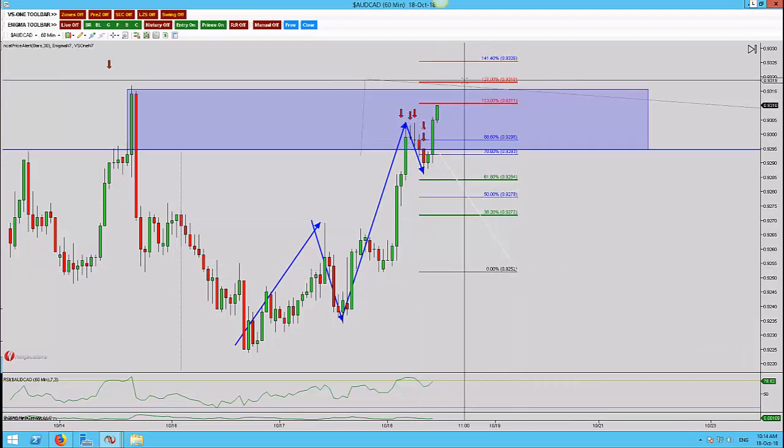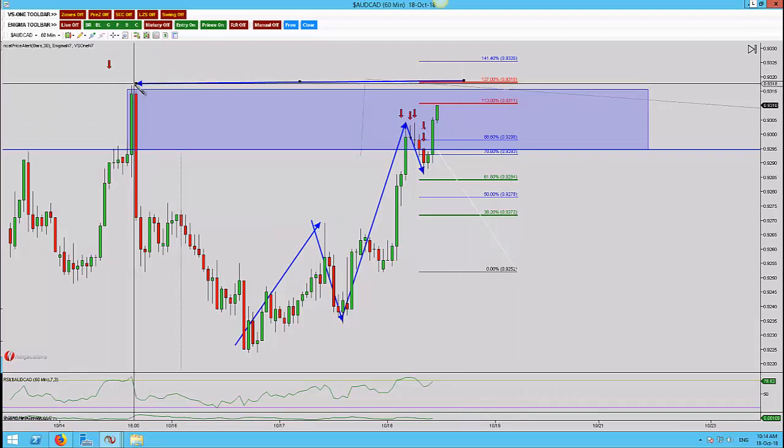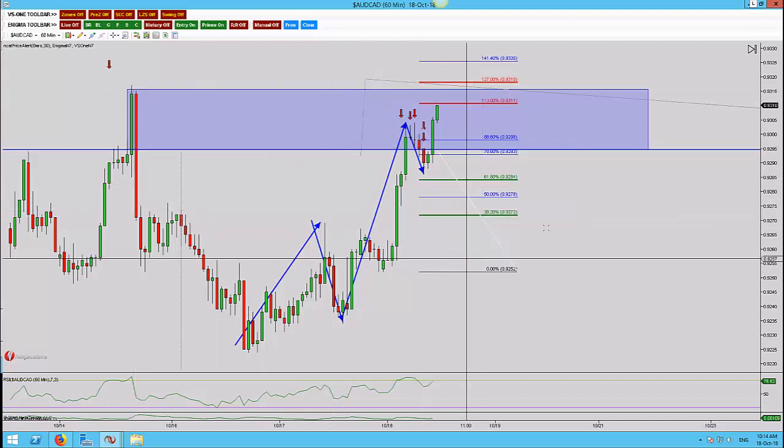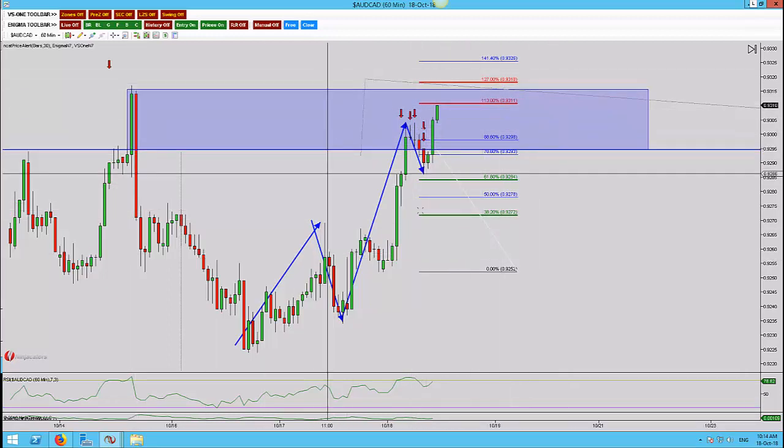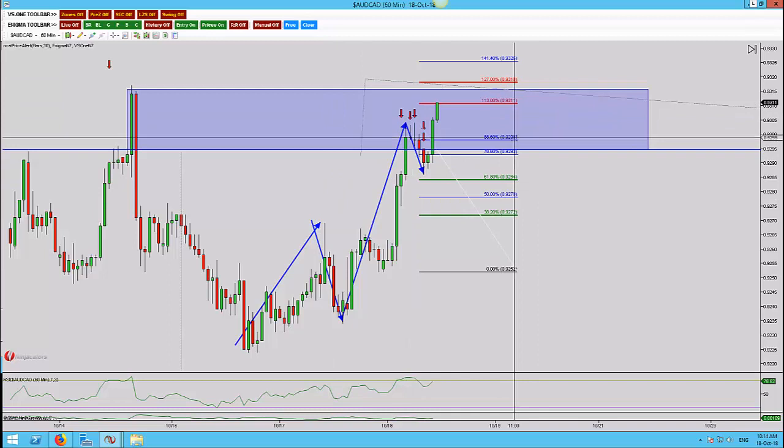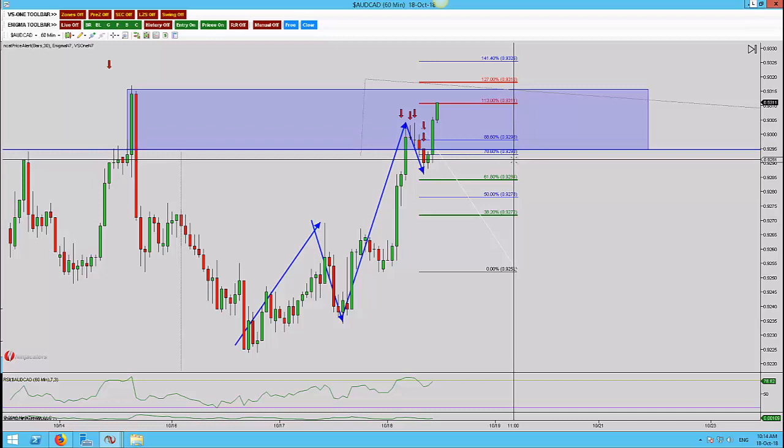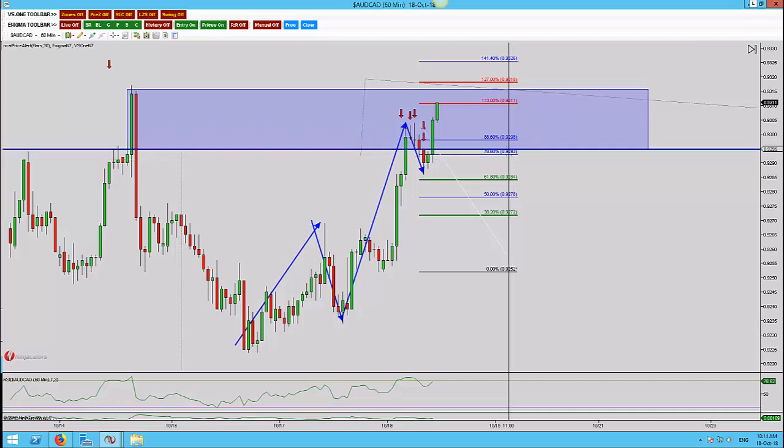Now that 127 fib up here takes me above this high. And so I'm really just putting together the case for how valid is the trade now, and is the probability still over a 50% chance of this thing going on to win, or is it now greatly reduced?